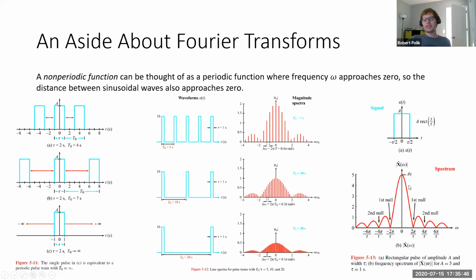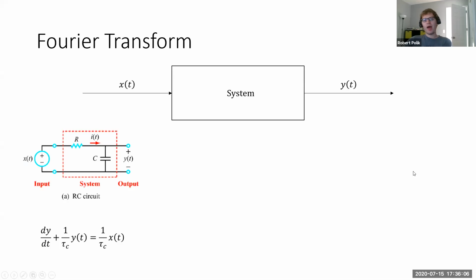And so this is now infinitely many sinusoidal waves, an infinite number of frequencies required to describe this signal right here. So it's kind of mathematically weird to think about, but you'll see it is actually much more straightforward than we realize. So we're going to go back to our friend, the RC circuit, and we're going to do this.